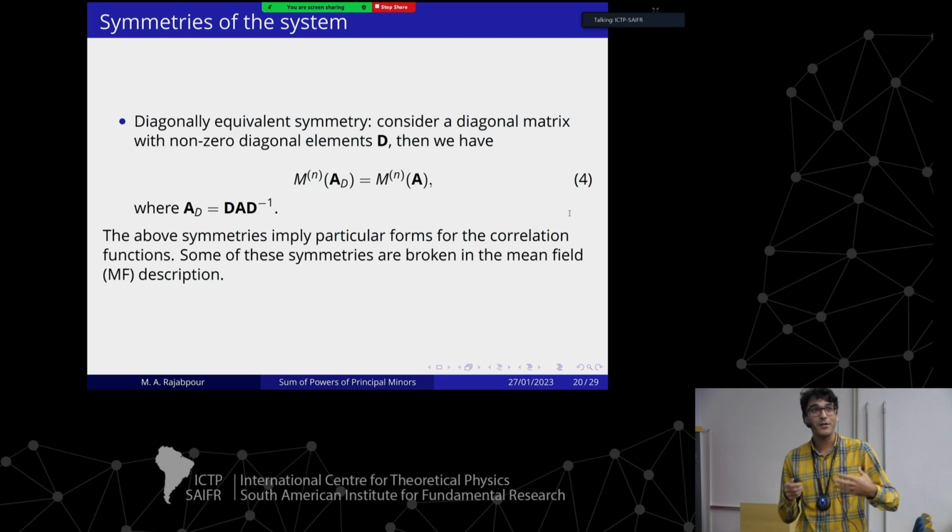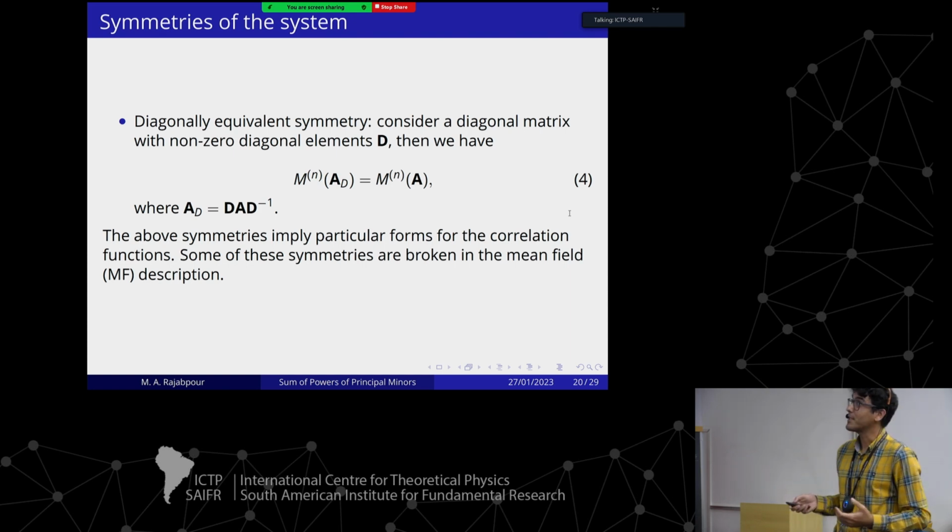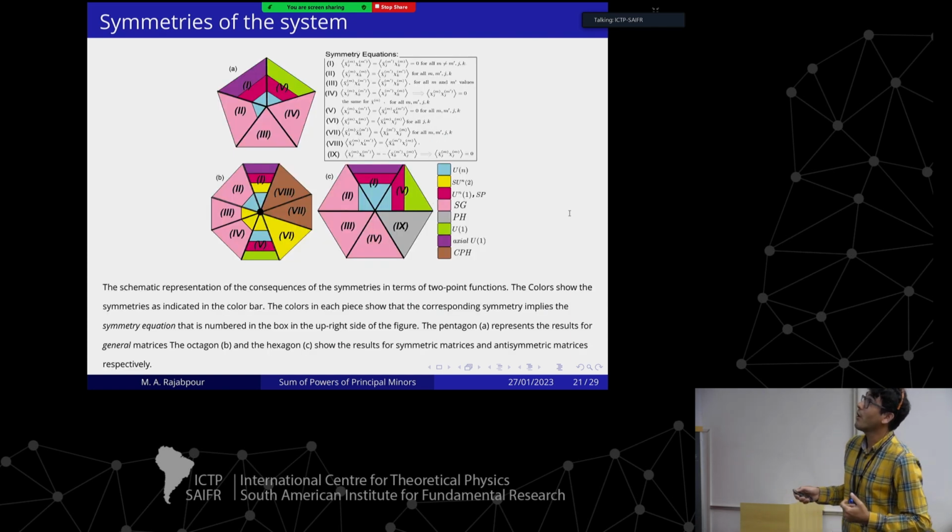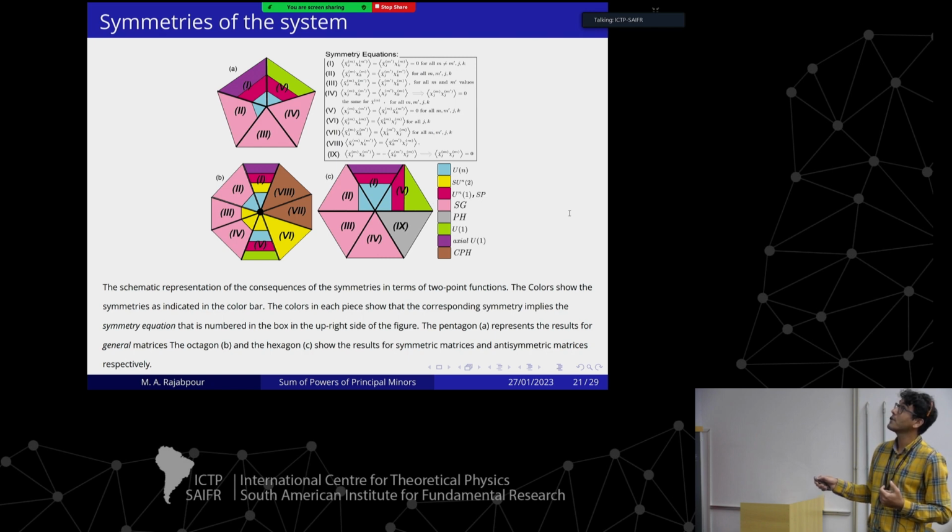So we just thought that it's nice to see what kind of symmetries we can see here. Here there is a schematic of what these symmetries do. For example, this is for general matrices. If, for example, UN does this kind of stuff, it forces this kind of relations for the correlations of chi bar and chi.